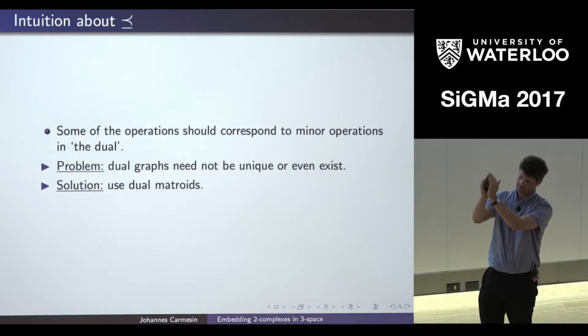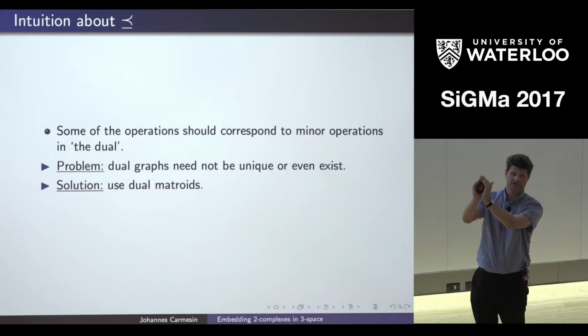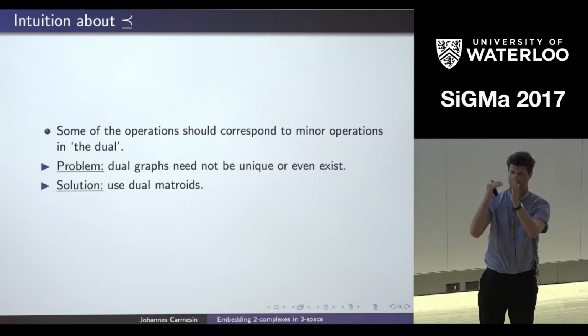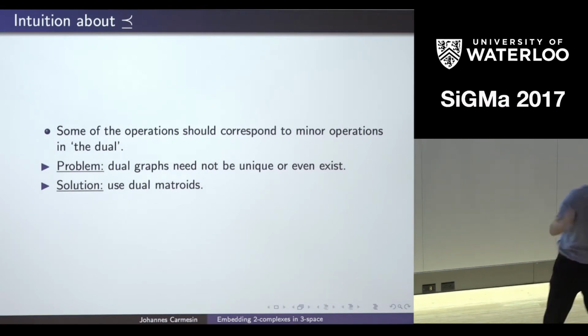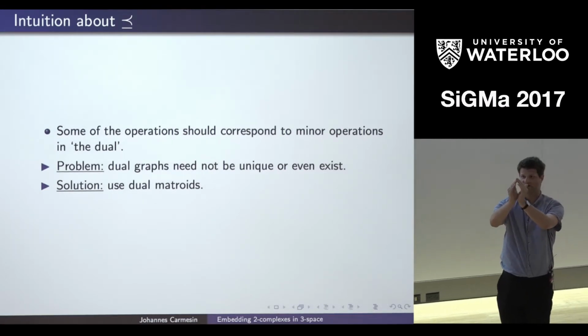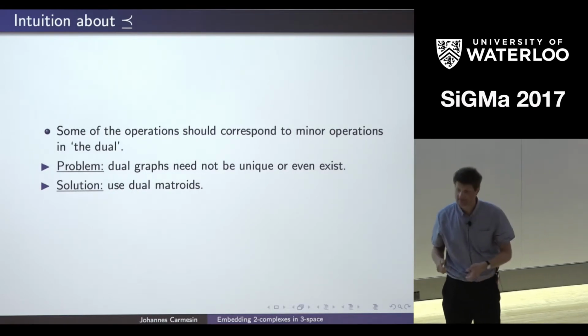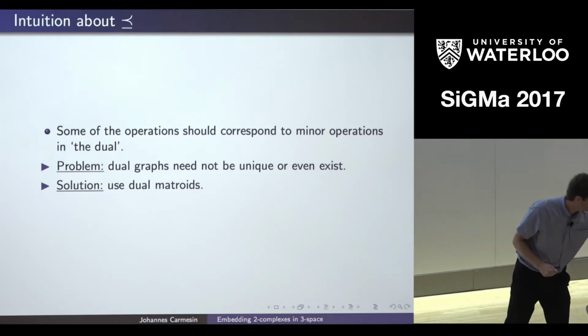If the face in the 2 complex just consists of 2 edges, so just has size 2, we can just identify these 2 edges along the face. Right? So if it has size 2, then you just do this, right? So you just identify the 2 edges along the face. And this corresponds to deleting the edge in the dual matroid.